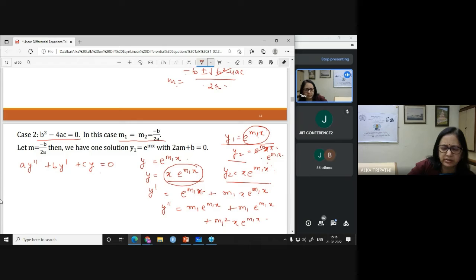Substituting these values in this equation, let us see what we are getting. A times the second derivative, twice of m1 e to the power m1x plus m1 square x e to the power m1x, plus b times e to the power m1x plus m1x e to the power m1x, plus c x e to the power m1x.